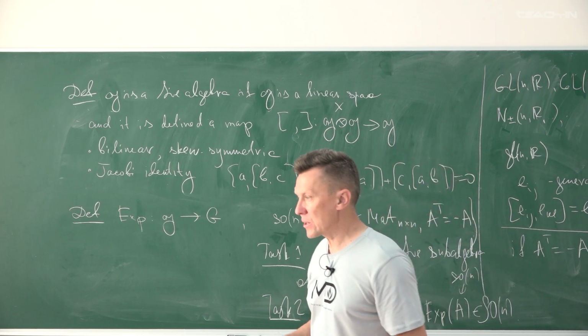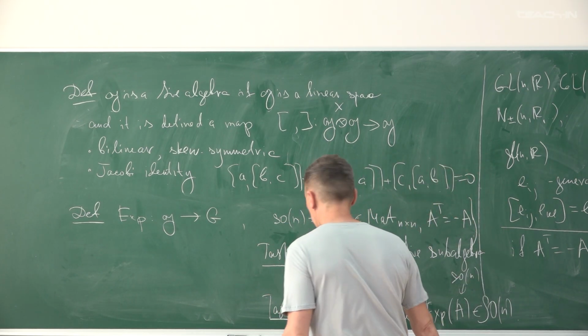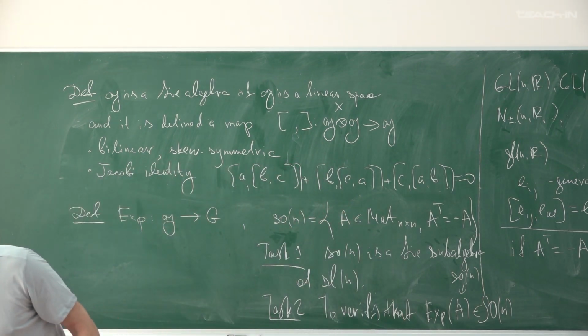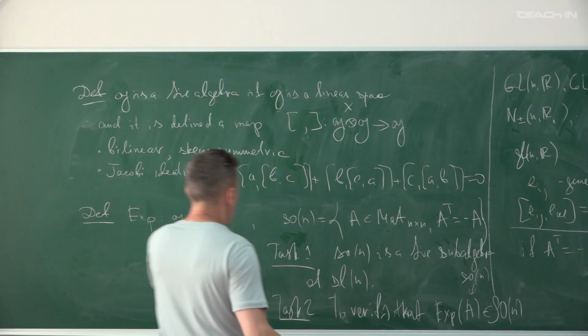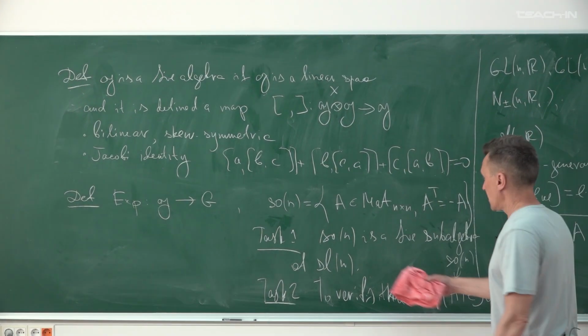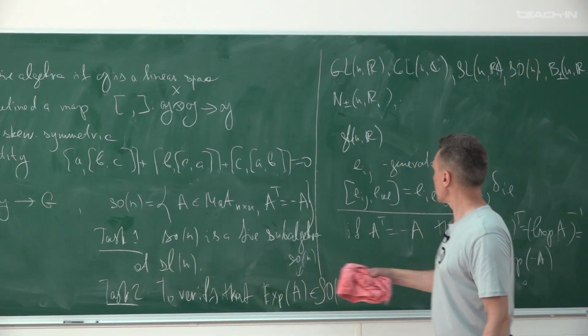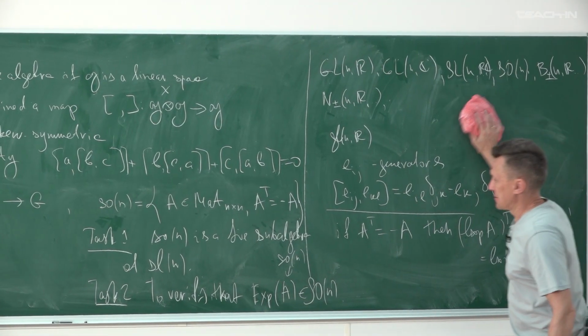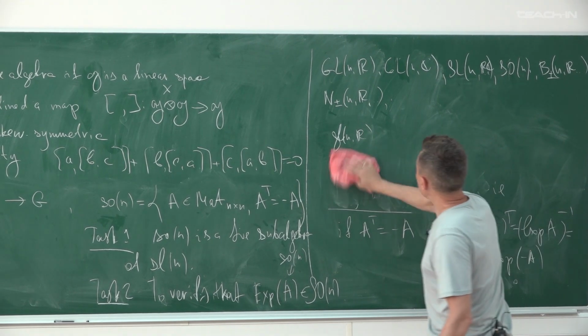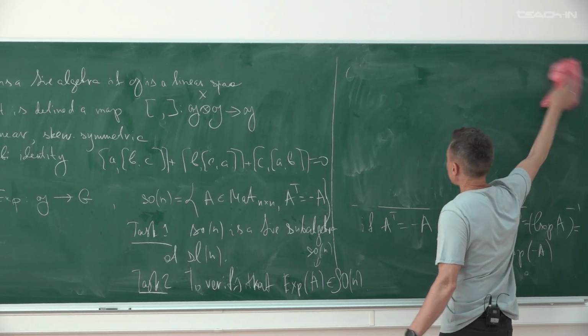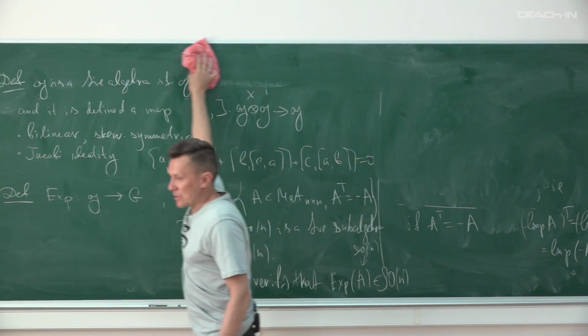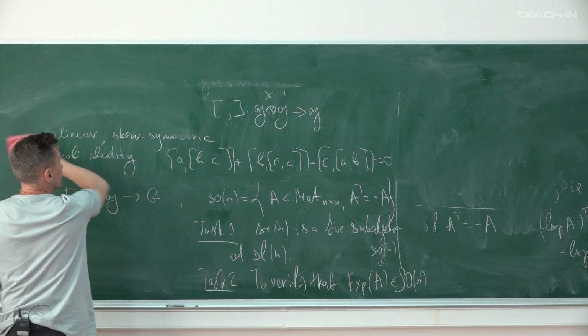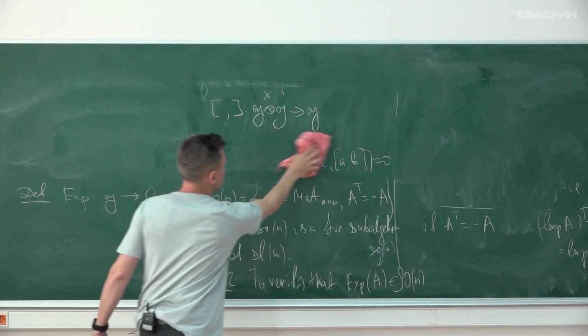Okay, we can proceed, and if it is written on the table, let's start with these tasks. With task 1, how do you understand this question? Formally speaking, I have not defined the Lie subalgebra.